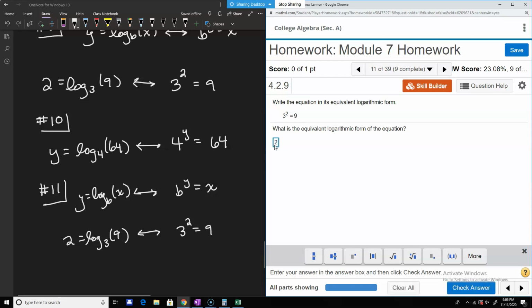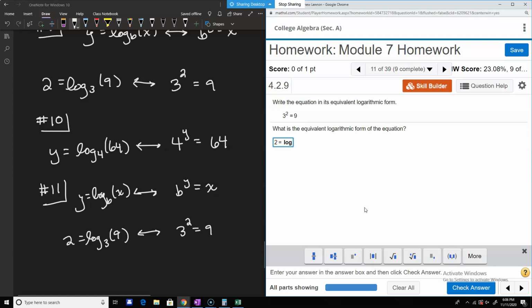So if you make a mistake, just write down the definition in front of you, and if you have to, write b equals this number, y equals this number, x equals this number, and then just fill them in on the other side. So 2 equals the log, and then the subscript is down here between this root and the ordered pair symbol.